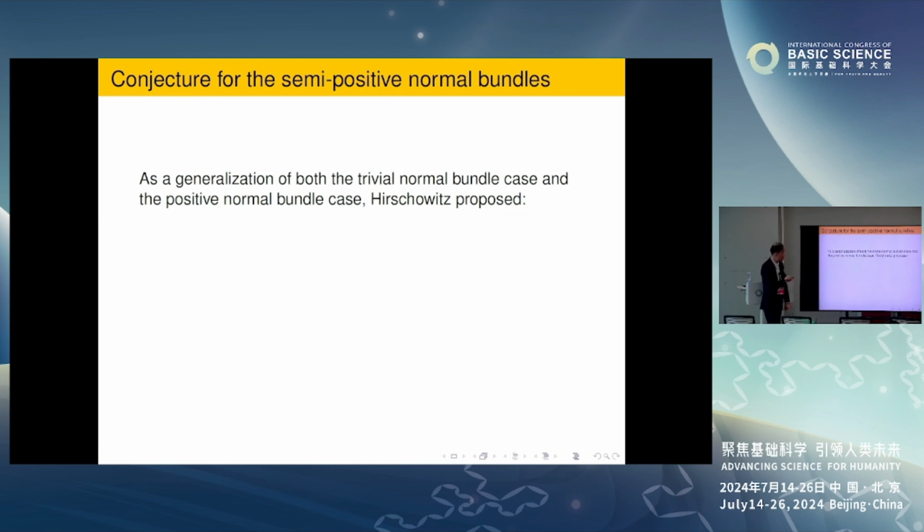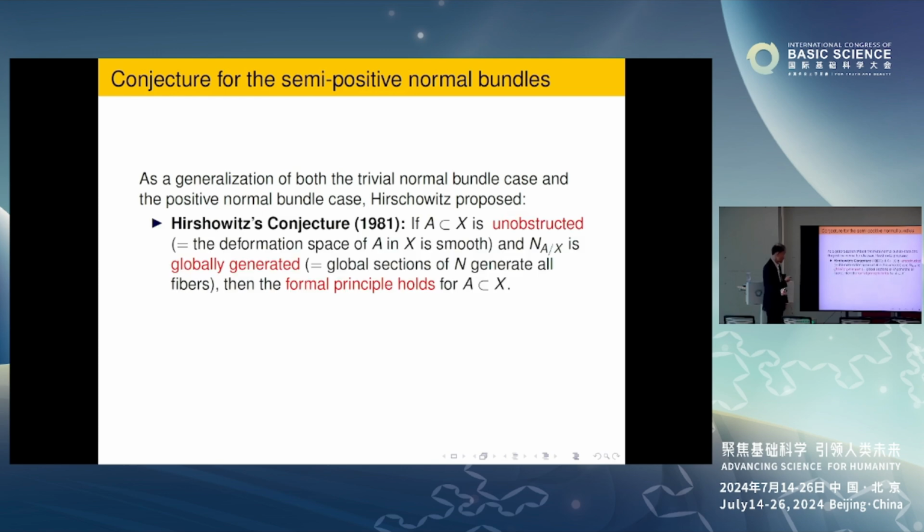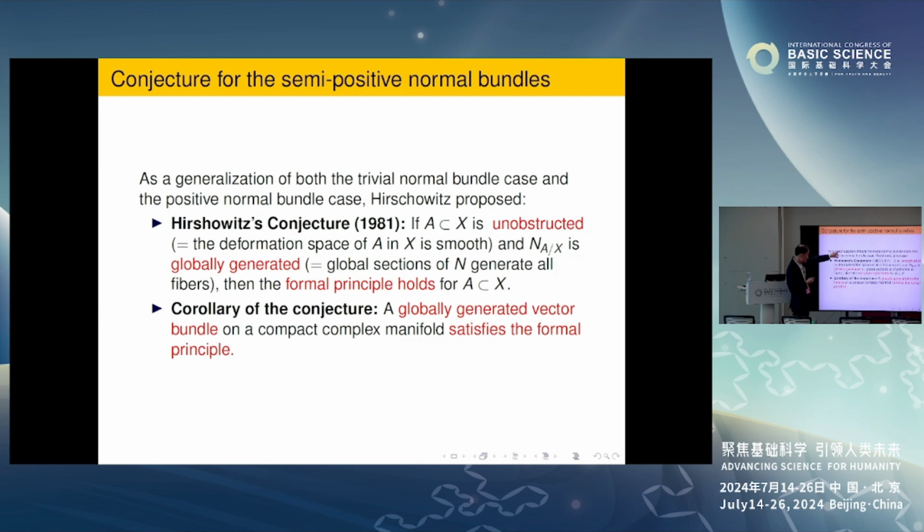Hirschowitz proposed the following conjecture: if you have a submanifold which is unobstructed, in the sense that the deformation space is smooth, and the normal bundle is globally generated, namely the global sections of the normal bundle generate all fibers, then the formal principle holds for the submanifold. This was the conjecture. And this covers both the trivial normal bundle case and the positive normal bundle case.